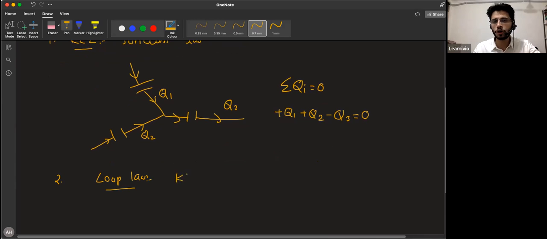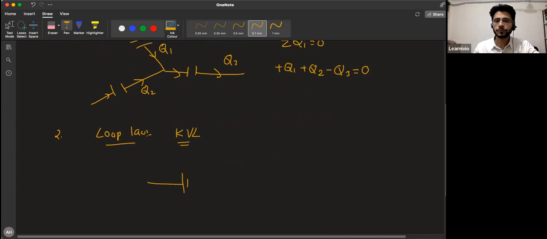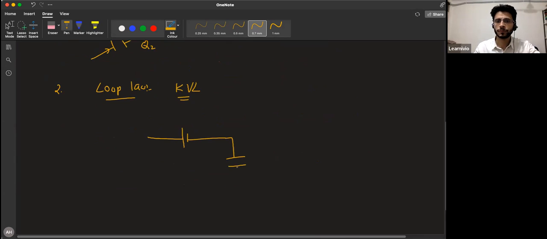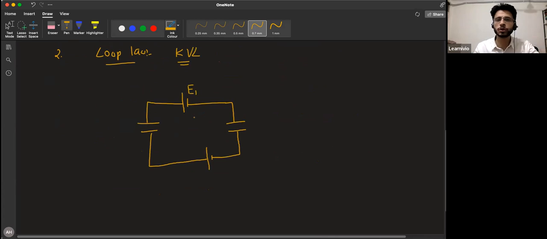Then the other Kirchhoff law that we use here is the loop law, or KVL. This is not in NCERT and not included in your CBSE syllabus, but these questions can be asked in your JEE Mains or NEET exams.